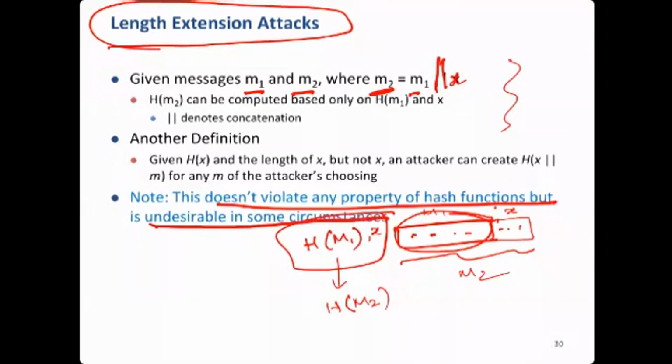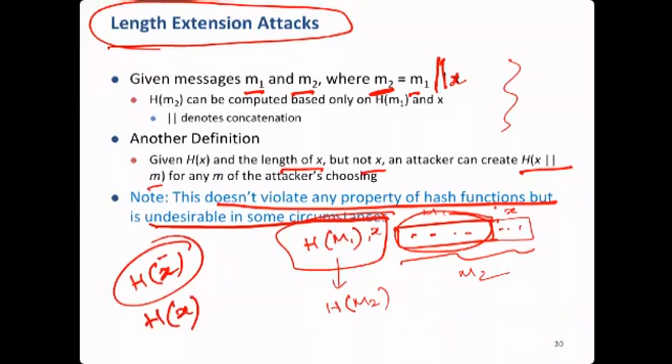Given a hash of something, and the length of X, but not X itself, so X is not known, you can create H of X concatenated with some value M, where M is of the attacker's choosing.